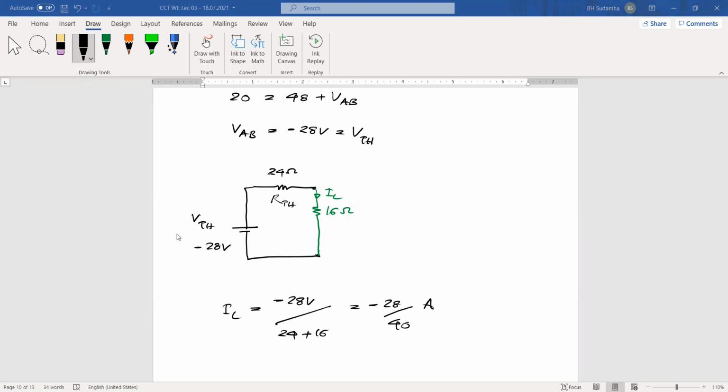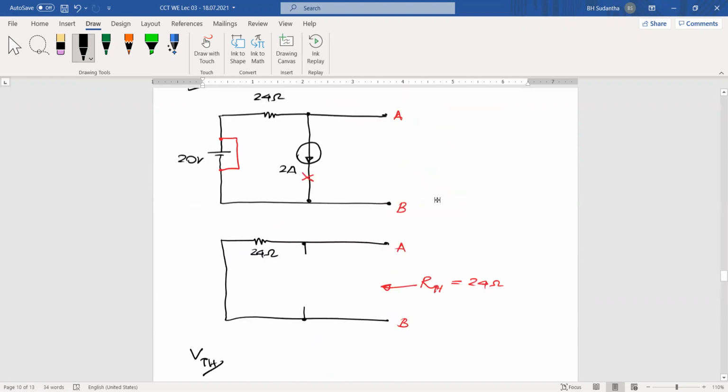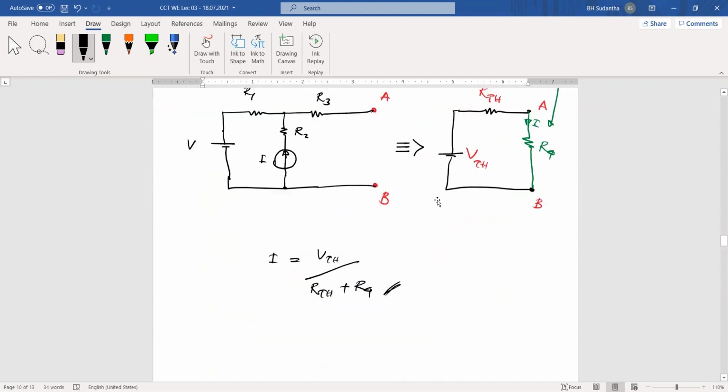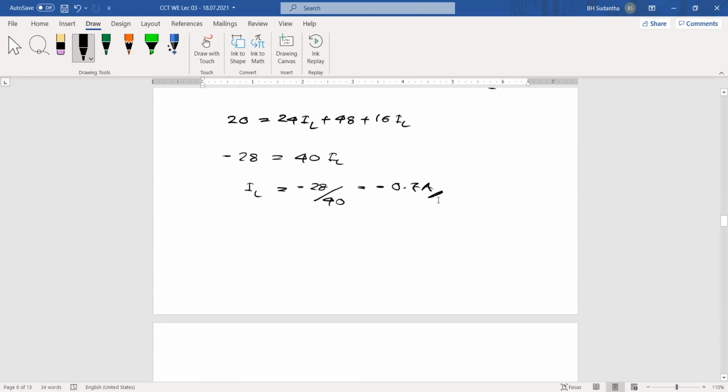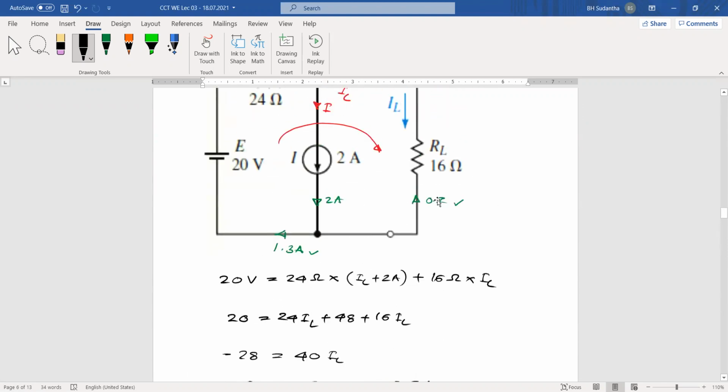And 28 divided by 40 is minus 0.7 ampere. And this is the answer we got from the previous method.